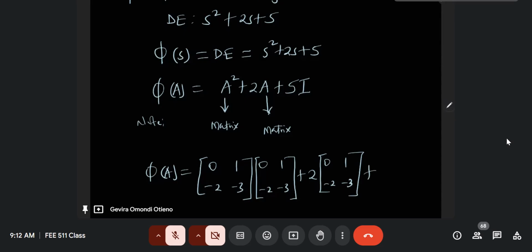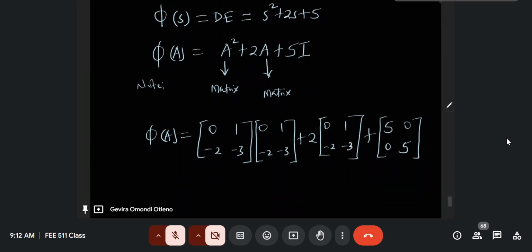Plus now 5I, the identity matrix. Like that. So then we can solve for this. You multiply, sum that, and sum that. Do that, and we obtain [3, -1; 2, 2].